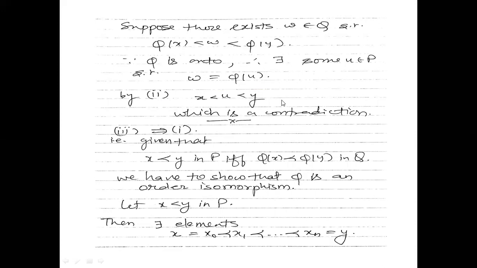But this is a contradiction. Why? Because x is covered by y, so there is no third element between x and y. But here we are saying that there is u between x and y. So this is a contradiction, and that means this supposition is wrong. So we are done here.